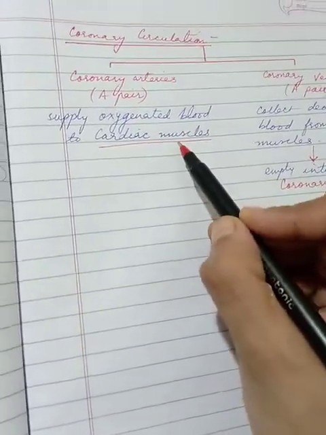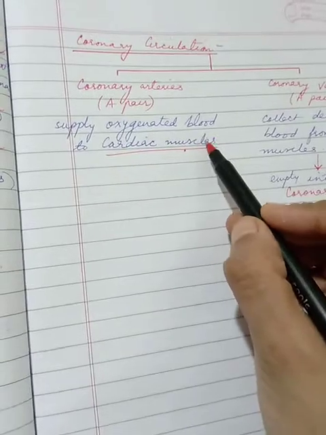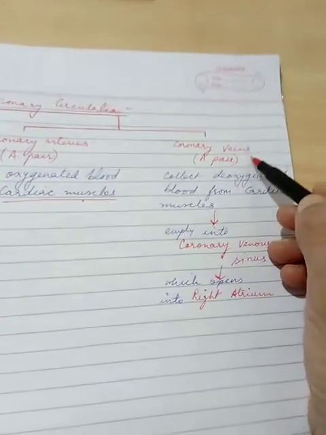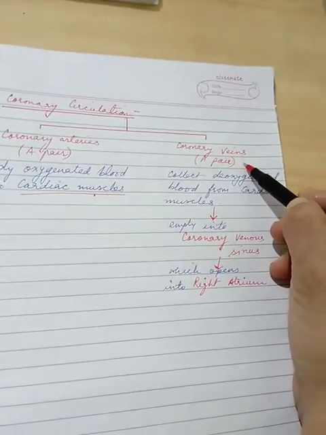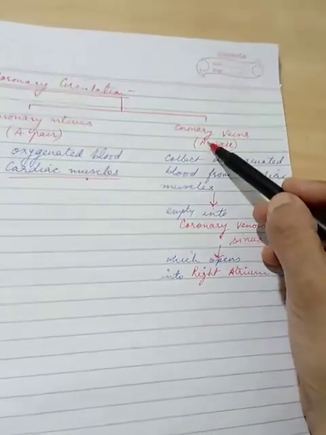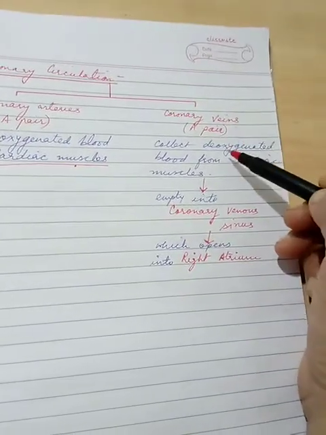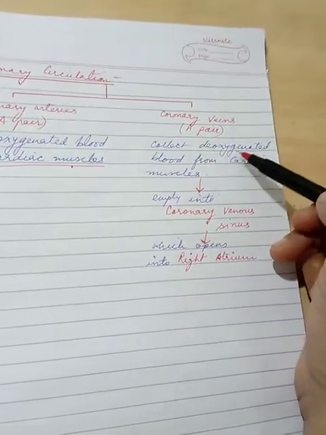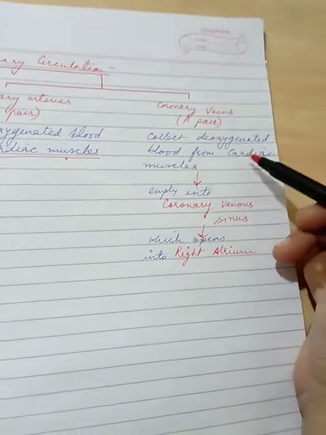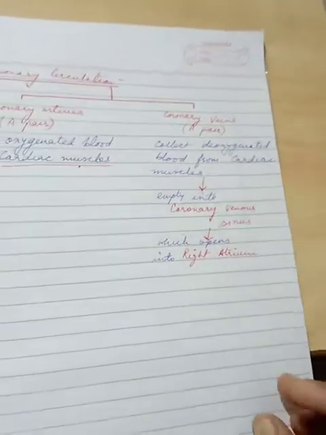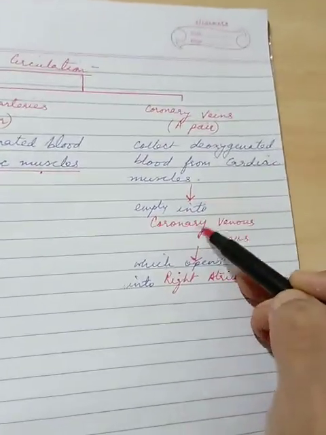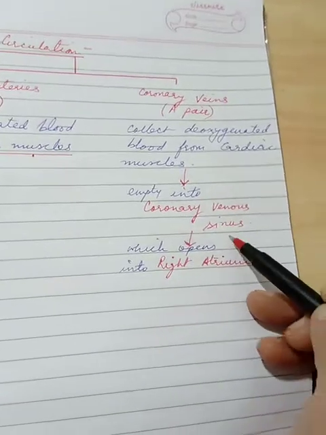That is, the right and left coronary arteries arise from the ascending aorta. Similarly, now if pure blood is distributed, the impure or deoxygenated blood has to be collected also. So again, similarly, coronary veins, these are also one pair, they collect deoxygenated blood from the cardiac muscles and then empty into a structure called coronary venous sinus.